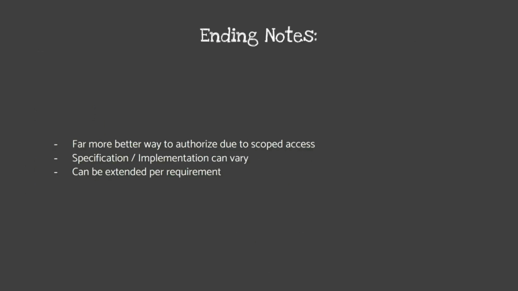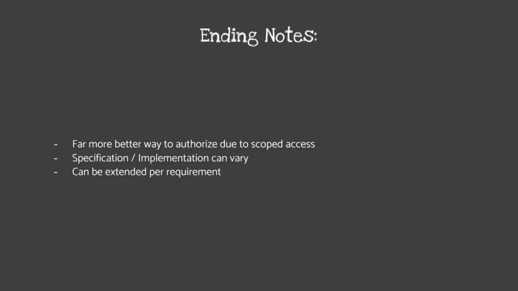A few things I would like to add here. OAuth is a far better way to authorize due to scoped access. We have the option to specify the permissions, and they can be passed to the OAuth flow as some keyword, or again, implementation details can vary.